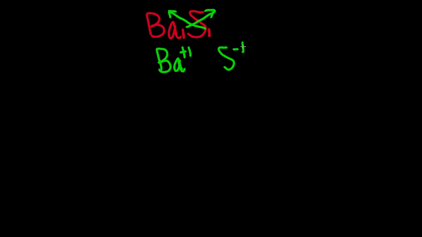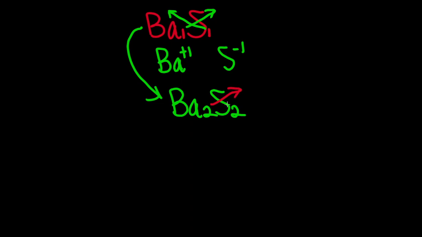So what I can do is I can rewrite this top one. Instead of having a subscript of 1, if I had Ba2S2, and I did my reverse crisscross, I would end up having Ba +2 and sulfur -2.